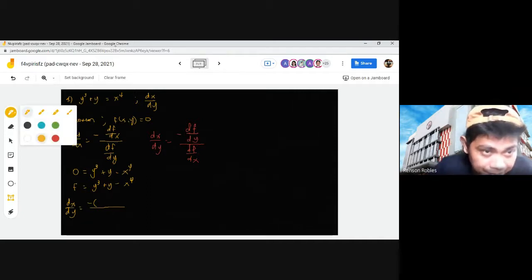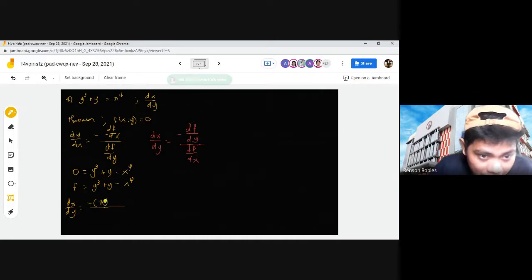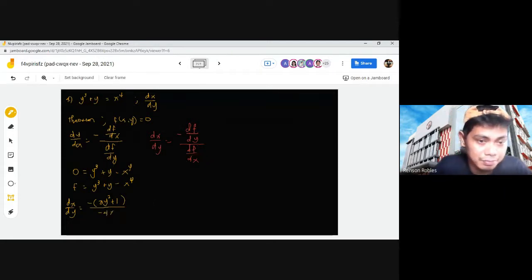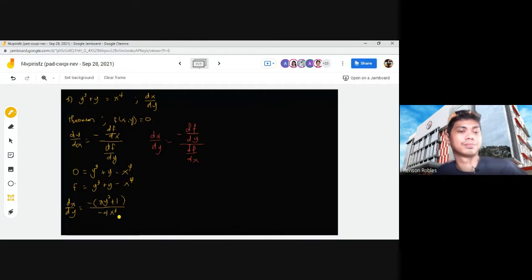That is 3y squared plus 1 all over, in terms of x, negative 4x cubed. And you're done. So that's negative 3y squared plus 1 all over negative 4x cubed.